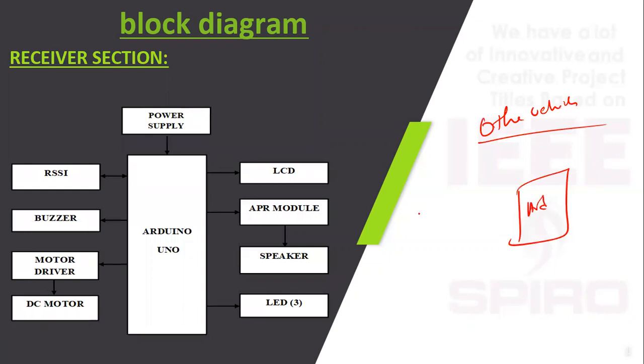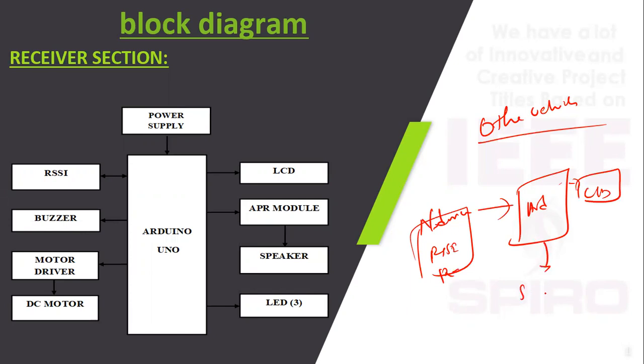The transmitted Wi-Fi signal is received using the NodeMCU, which acts as an RSSI receiver, receives the Wi-Fi signal strength and transmits it to the Arduino. The signal strength is displayed on the LCD, and audio is played using a speaker, and the motor speed is controlled using a motor driver.